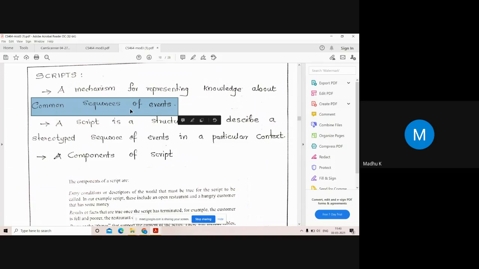For example, if you want to represent a sequence of events, then you can use a script. After one event happens, another event happens, then another event, and so on. Then you can use a script representation. That is the use of script.